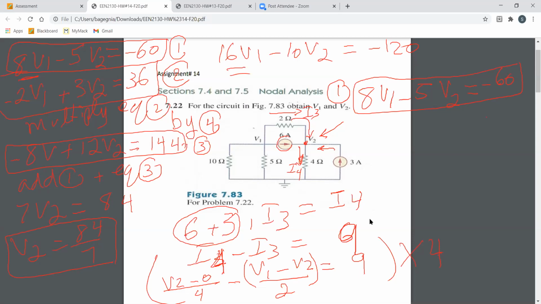Why did I do this step? But if you write a statement like apply KCL, apply KVL, apply Ohm's law, engineers usually don't like to write too much. But just one sentence, apply KCL at node A or node B or node V1, is not a long statement to write, and it's going to benefit you when you come to review.